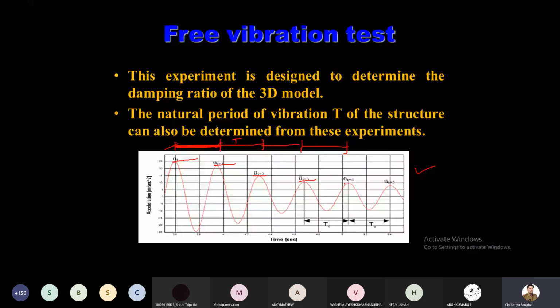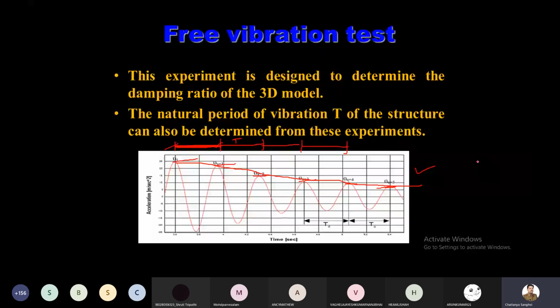When you connect this, it will be like this. This is known as an envelope, and it keeps on reducing. So this is the free vibration test we perform, and then we measure the acceleration and time. From this test, what are you concluding?